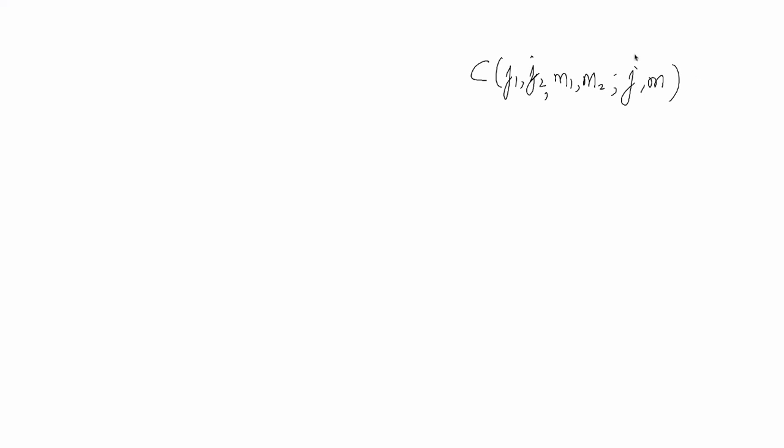But in the form of a matrix does not mean that this is a matrix. Thus, this is a convenient notation to understand the Clebsch-Gordan coefficient. This is not a matrix.